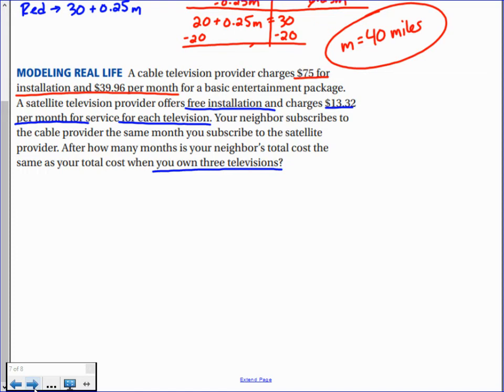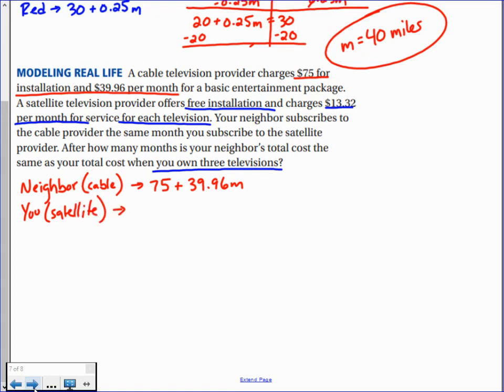Okay, let's go ahead and write some things out. So your neighbor, I'll do that to try to stay consistent. Your neighbor, he gets cable. His price is $75 up front plus $39.96 per month. I'm gonna have my variable be M, $39.96 per month. You get the satellite. Okay, I should stick with blue here if I'm going to be consistent.